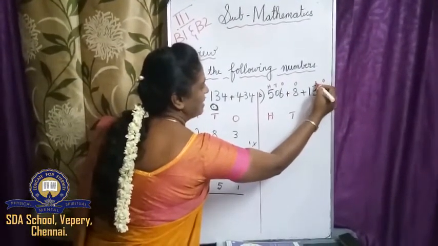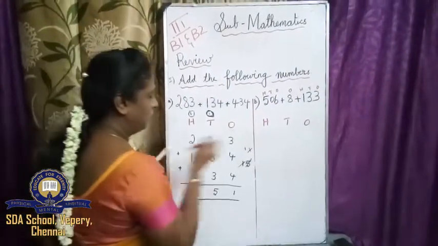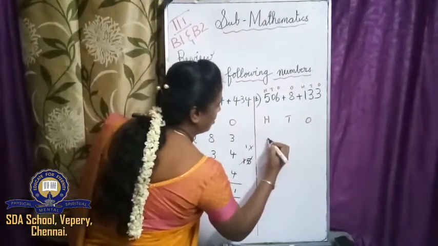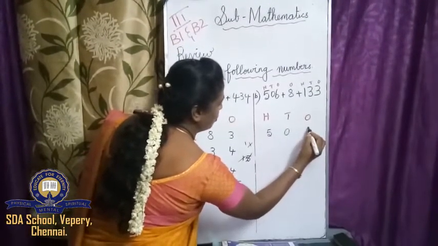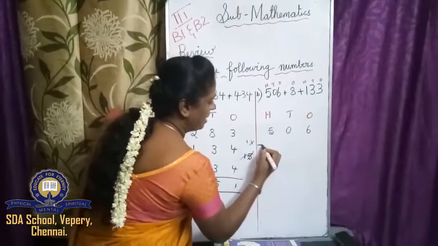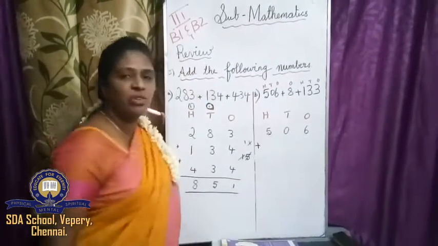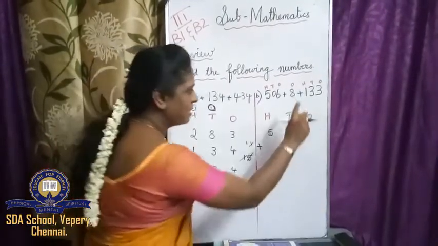Again here ones, tens, hundreds. Now write like this: 506. We read as 506 plus 8. Where will you write 8? You should write 8 in the ones place here.